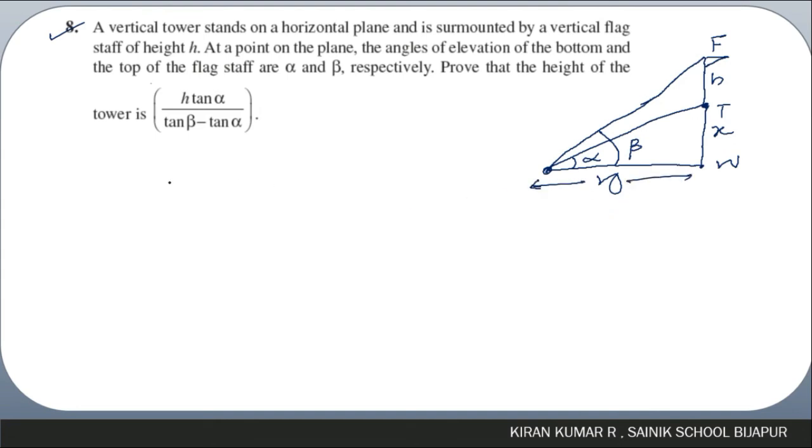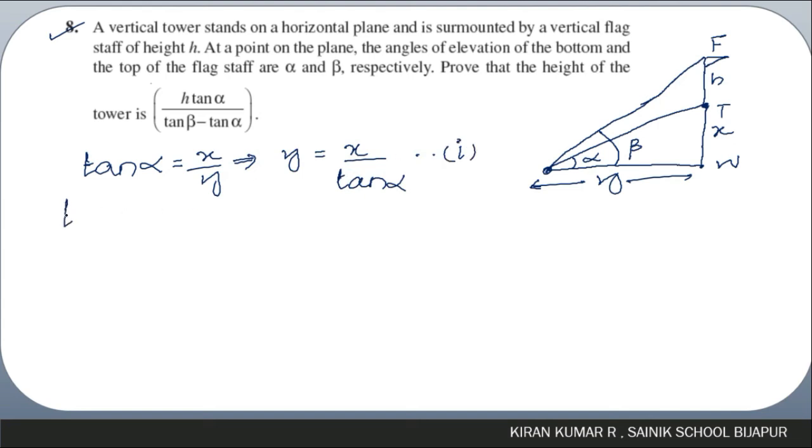Look at the figure. We have tan alpha equal to x by y. From this, the y value will become x upon tan alpha. Let me name this as equation 1. Once again, observe tan beta will be equal to the distance x plus h divided by y.